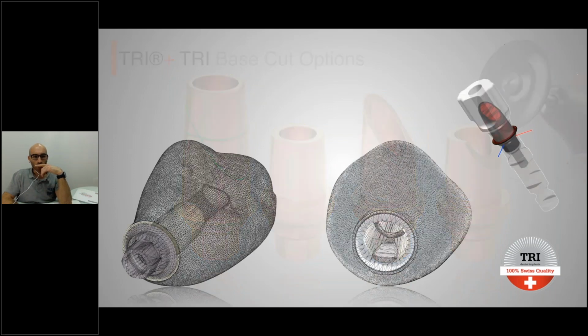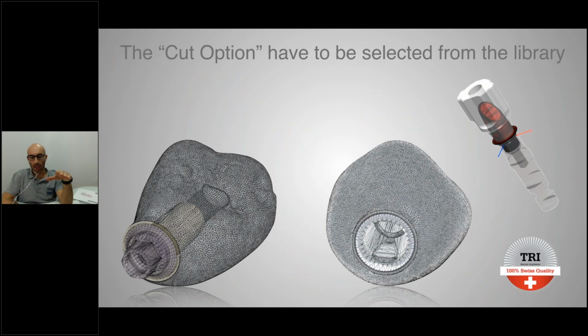One of the most important things to remember is that the cut option has to be selected from the library, because in the library you have the possibility to choose the height of the abutment. We suggest to always use, if possible, the highest T-base that is available. But sometimes we have less occlusal space, so we have to use the shorter one.